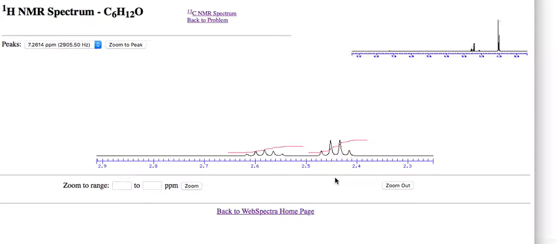It's pretty common to have an area 2 being split into a quartet, which implies that there's 3 hydrogens next door. So this could very well be a CH2 next to a CH3. That would be consistent. And this multiplet is going to be 1 hydrogen next to a bundle of hydrogens, not really sure how many.